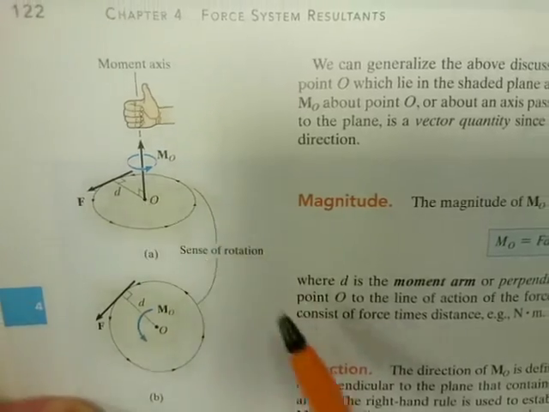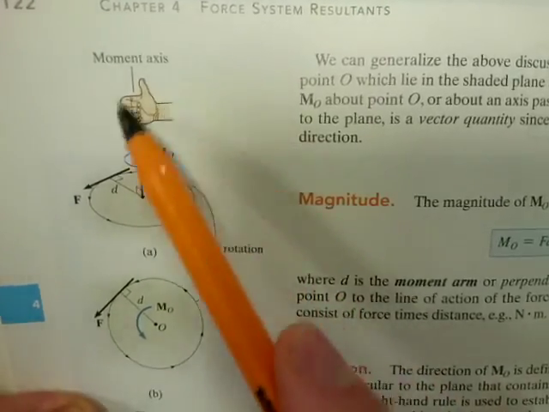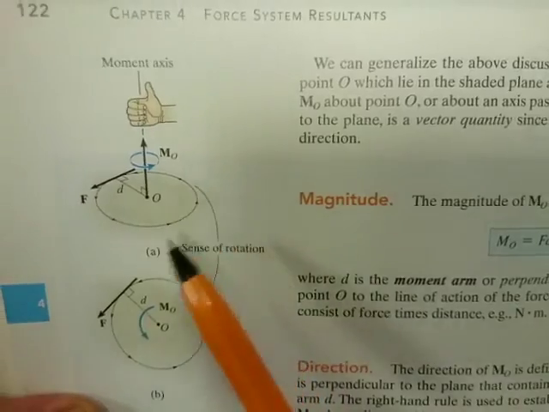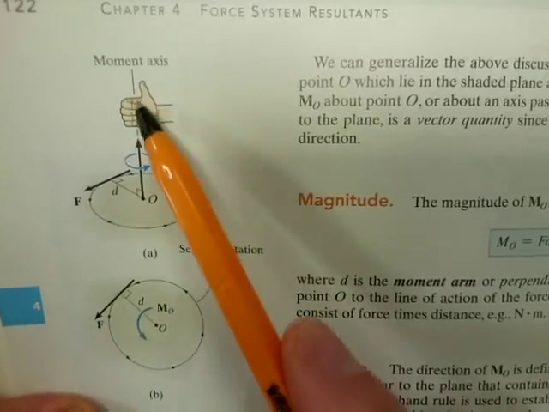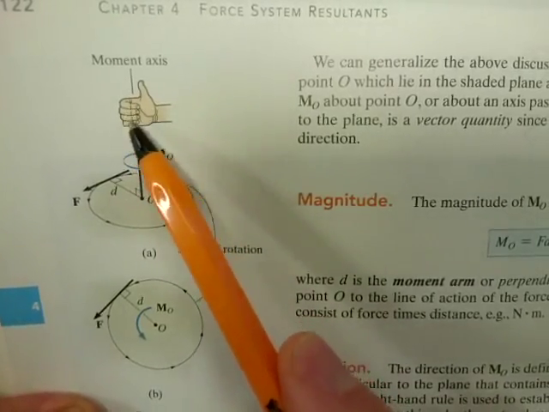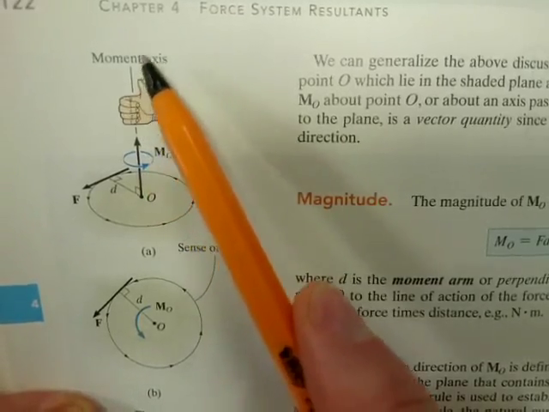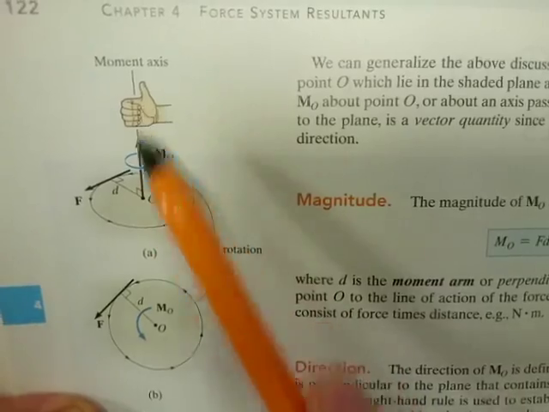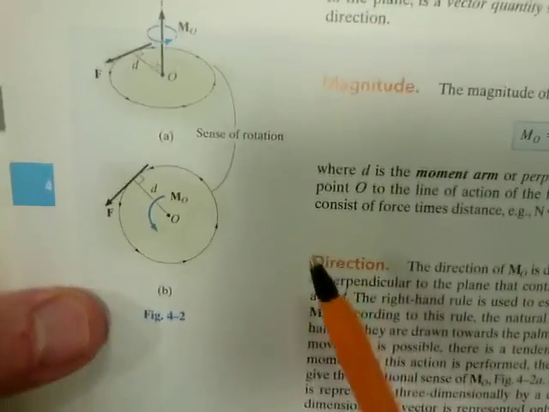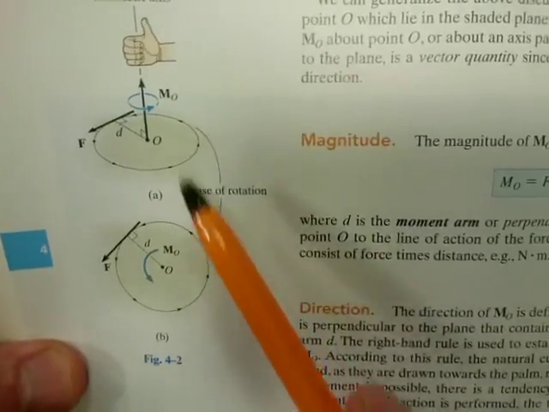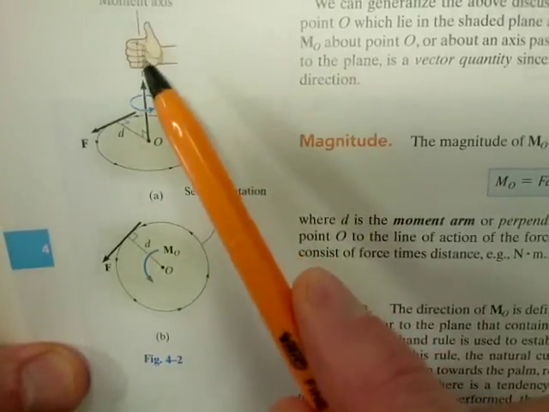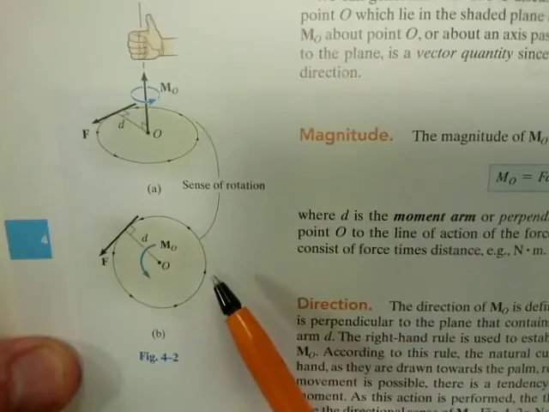Now, based on this right-hand rule, what have we got here? Guys, 2 things you need to look at: the curl of the fingers and the direction of the thumb. In 2-dimensional space, the curl of the fingers gives us the direction.